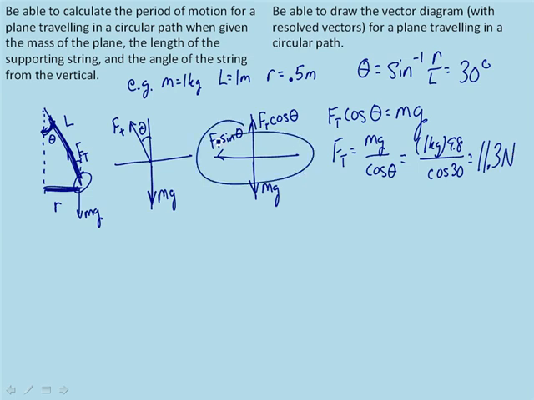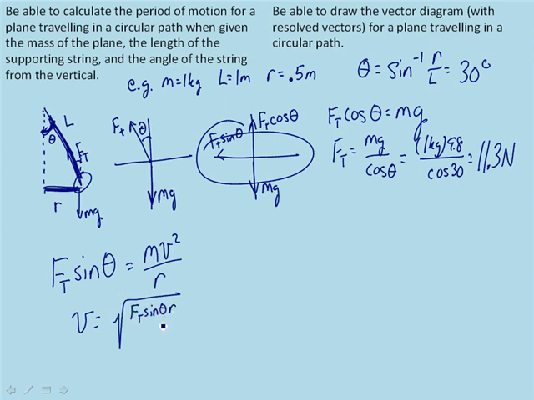From looking at the forces on the x-axis, I find that Ft sine theta, that is my centripetal force, is equal to mv squared over r, and then I can solve for my speed, which is the square root of Ft sine theta r over m, and that's equal to 1.7 meters per second.